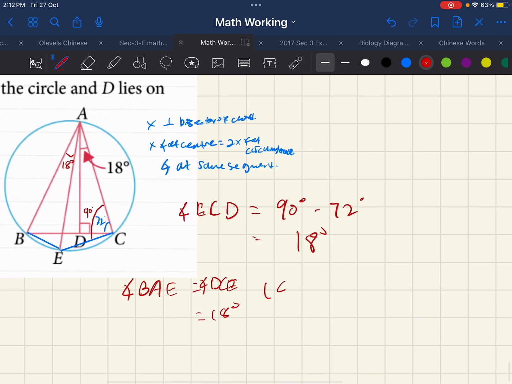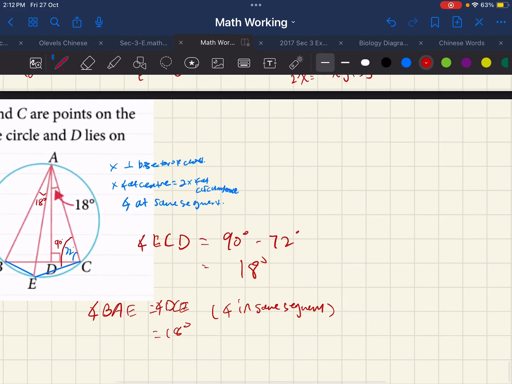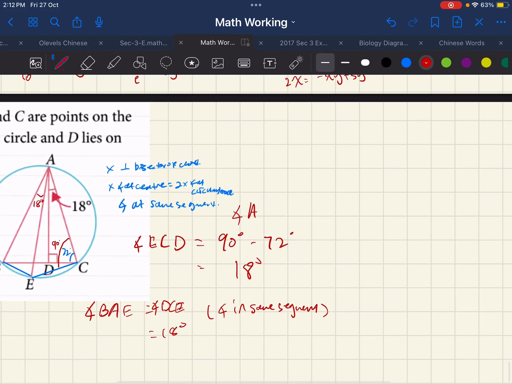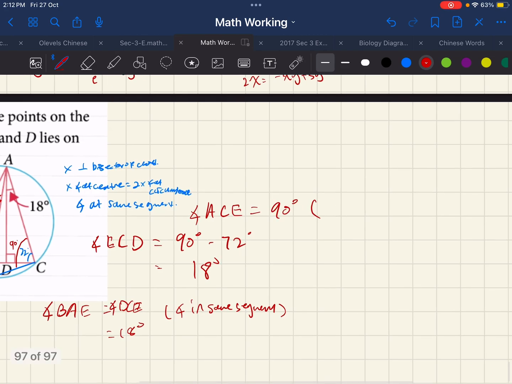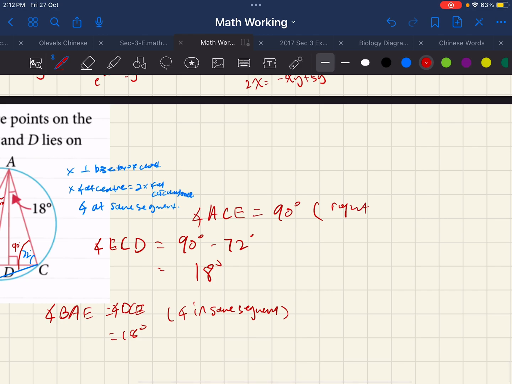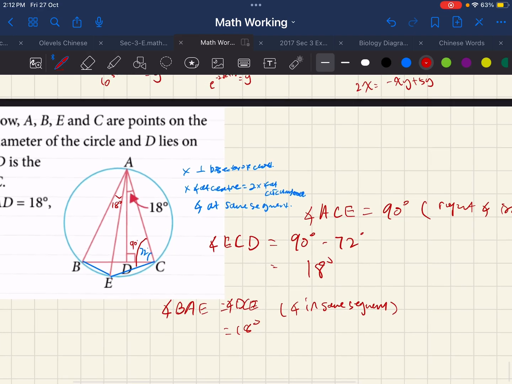Reasoning: angle in the same segment. And angle ACE is equal to 90 degrees, because this is a right angle in a semicircle. So that's all you need to find.